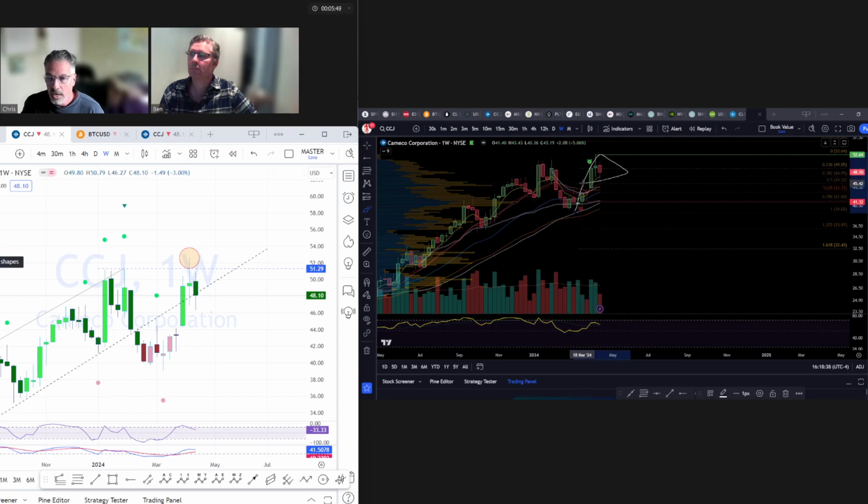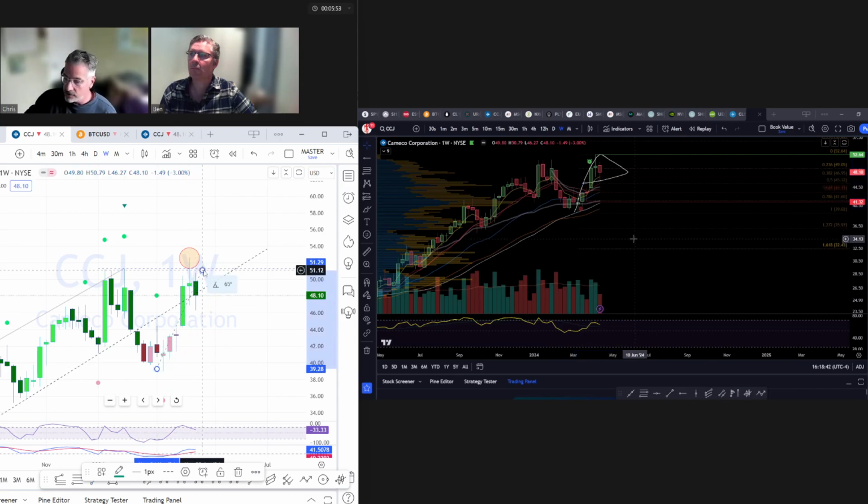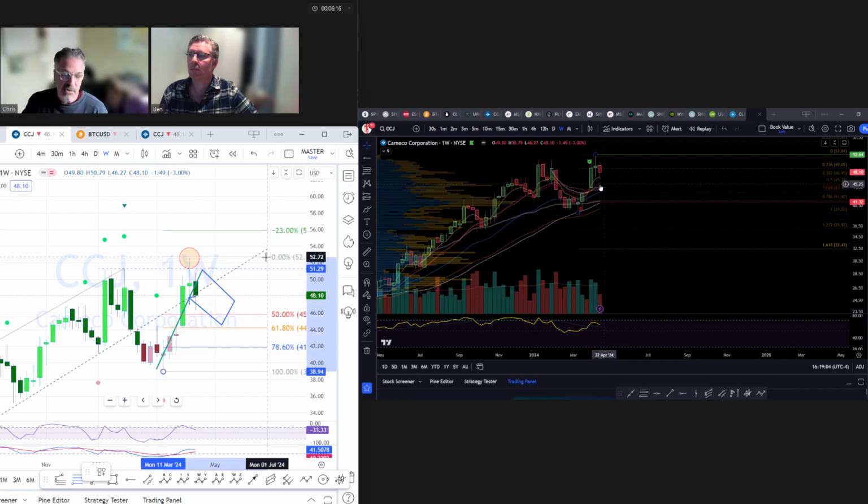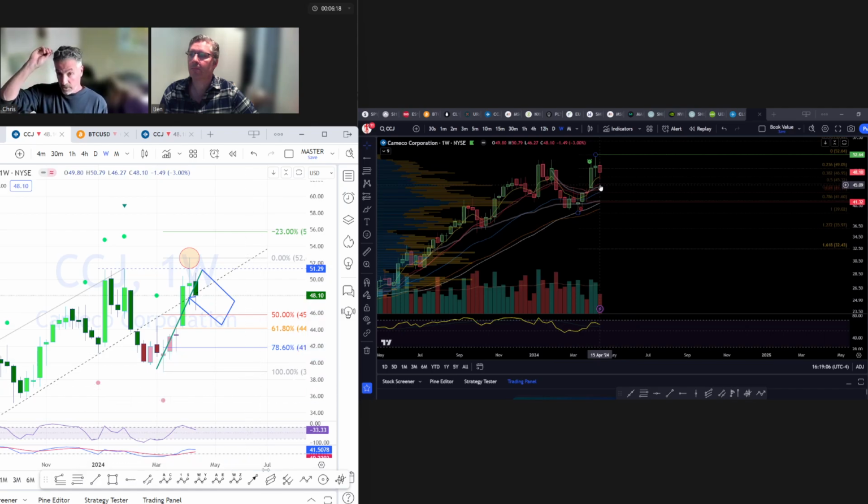So what keeps this cup and handle valid? This is why we have these Fibonacci retracements in here, right? Once it was able to make this pivot up here, then you can make your fib pull. So this is the bottom, this is the top of the fib pull. A bull flag remains valid until the 50% retracement is breached, and then it becomes a lot less likely for the bull flag confirming.